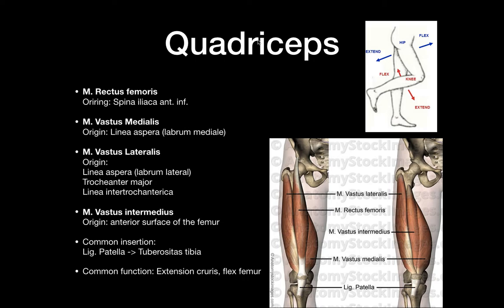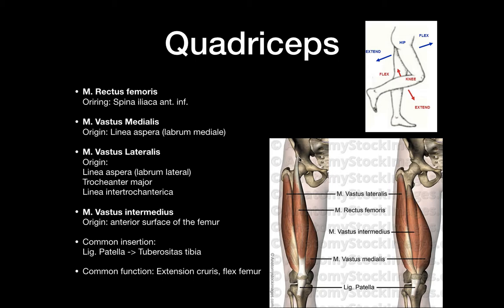So we'll start with musculus quadriceps. The quadriceps muscles all have a common insertion point and a common function, but different origin points. Here you see the quadriceps. We'll start with the musculus rectus femoris. This is the most superficial one. It's going to originate from the spina iliaca anterior inferior, as you see here.